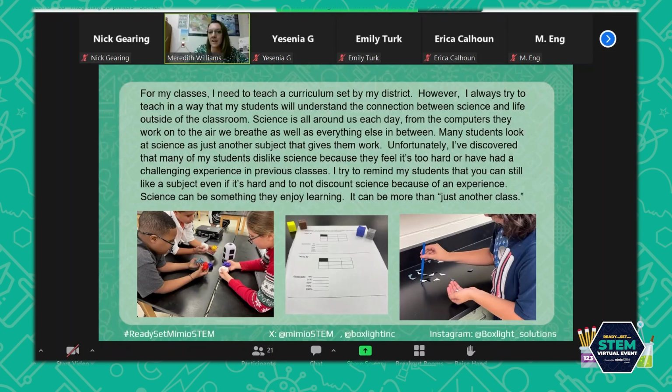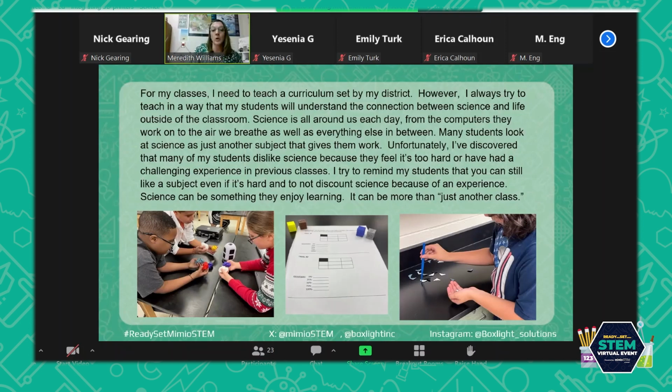You can have a favorite subject or a not favorite subject, but you can't discount science because of that experience, because science is incorporated in everything that we do. Science can be something they enjoy learning because they get a lot more hands-on, and it's not just going to be that other class that I have to go to.